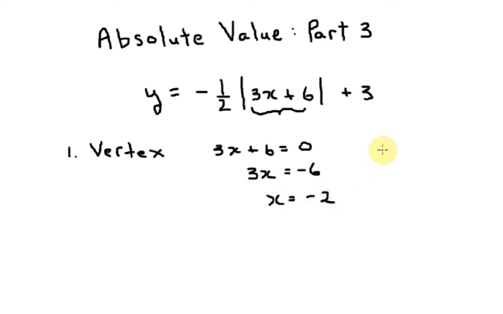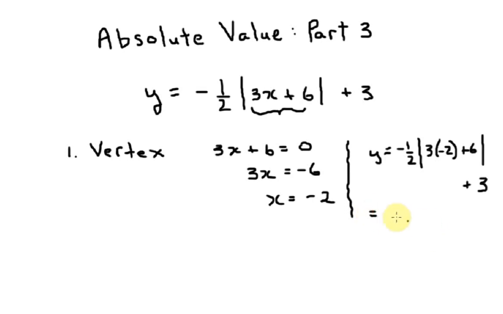Let's go ahead and figure out what the y-coordinate is. We'll just do that on the side here. So I would have y is equal to negative 1/2 absolute value of 3 times negative 2 plus 6. So I'll just put the plus 3 down here. Okay, so let's get out the numbers here. So we got negative 1/2.